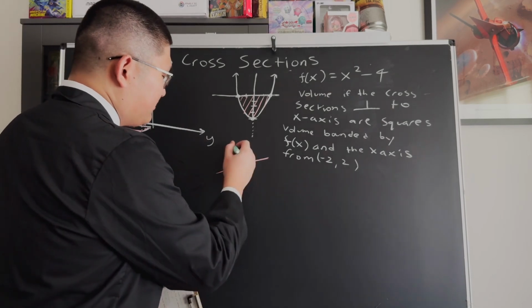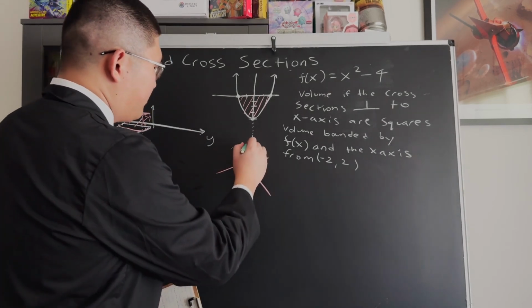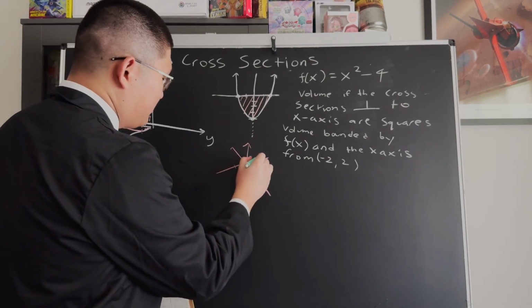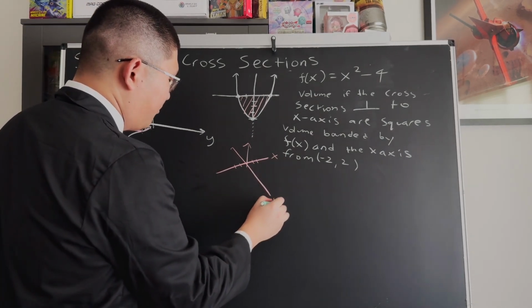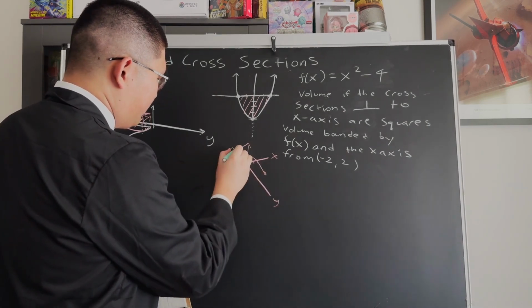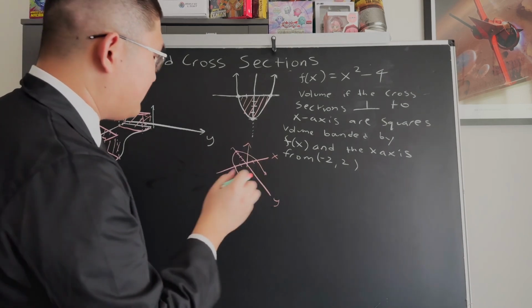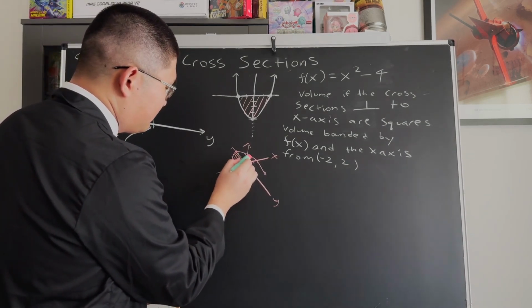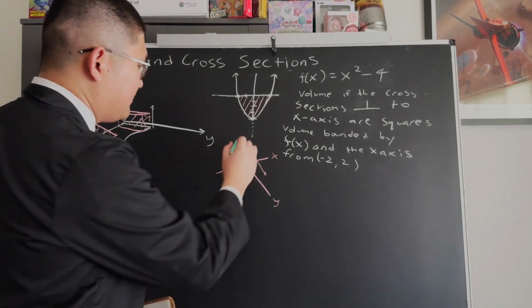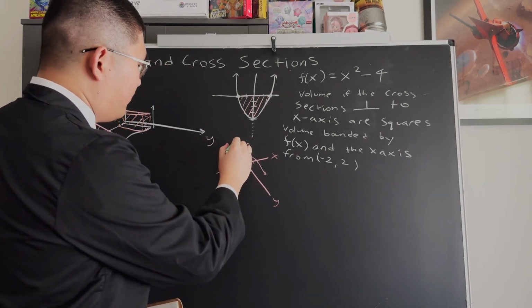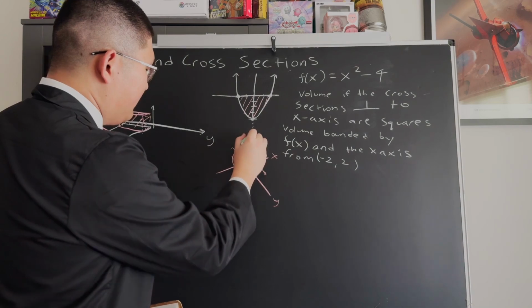So, just for the sake of this problem, if we were to make some sort of 3-dimensional graph just to visualize this, us going across, again, that's the x-axis and that is the y-axis over there. So, we do something like this, coming across, and then, like I said, the cross sections are perpendicular, so we will cut across into the nice sections of the area, perpendicular to the x-axis, and then we lift it up over the z-axis, the 3rd dimension, as we go across.